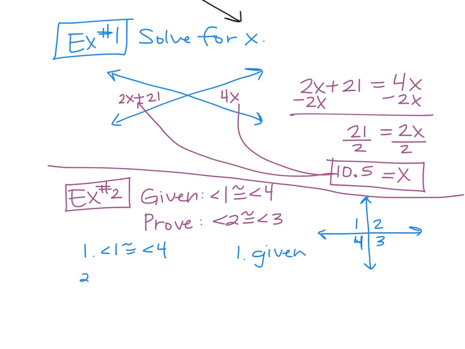Okay, and sometimes it helps people to mark it up as you go. So because we know 1 is congruent to 4, you could mark it that they're congruent if that helps you. You don't have to, but you can. Okay, so 1 is congruent to 4. What else do we know in this picture?